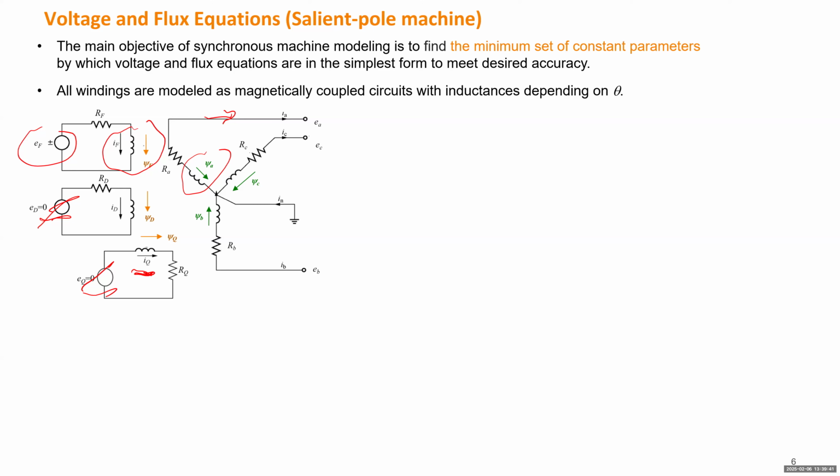Any winding in the rotor will be the load of that circuit, and any stator winding will be the source of that circuit. So the current for the stator winding will be opposite to the positive direction of flux linkage. Now we're ready to start writing the equations, similar to the way we do for the transformer circuit.